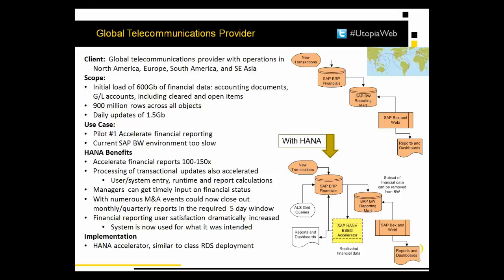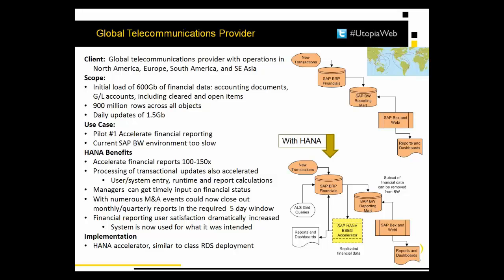You need to close out within that period. Well, they were not able to do it because they had so many previous mergers and acquisitions, different systems, different information, and just the volume of the data was really impacting their financial closeout period. On top of that, their goal was to accelerate financial reports in general.